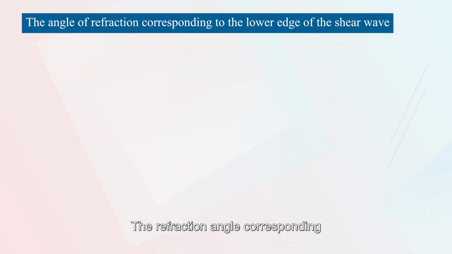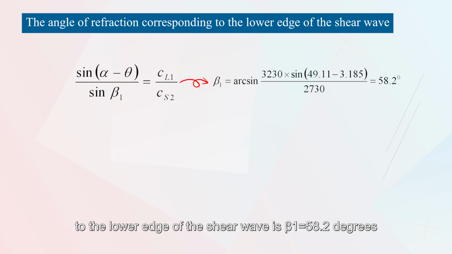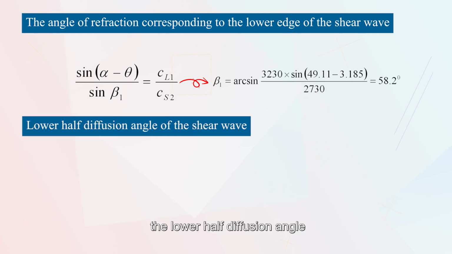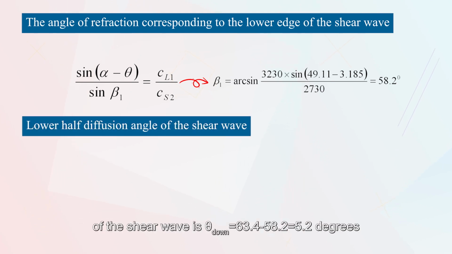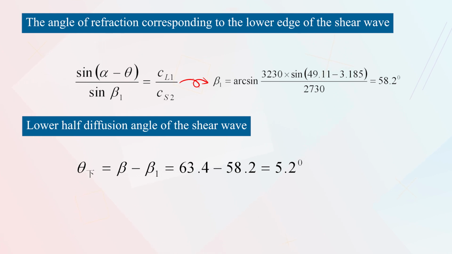The refraction angle corresponding to the lower edge of the shear wave is beta 1, which is equal to 58.2 degrees. Therefore, the lower half diffusion angle of the shear wave, theta down, is equal to 63.4 minus 58.2, which is equal to 5.2 degrees.